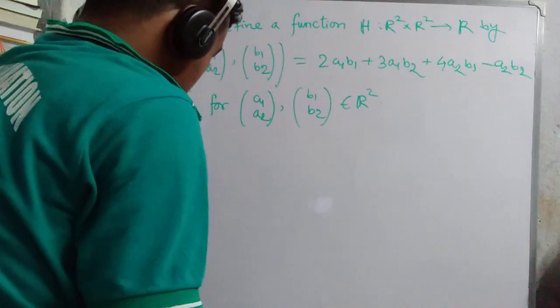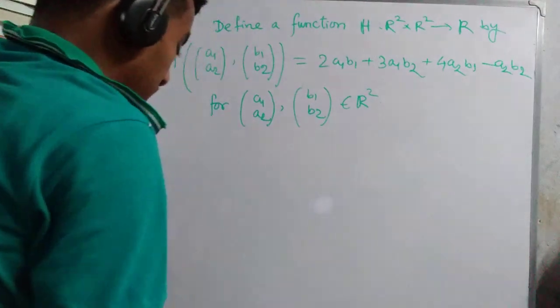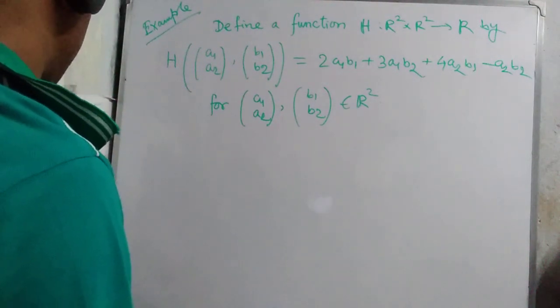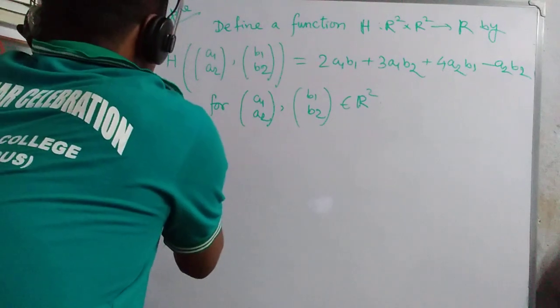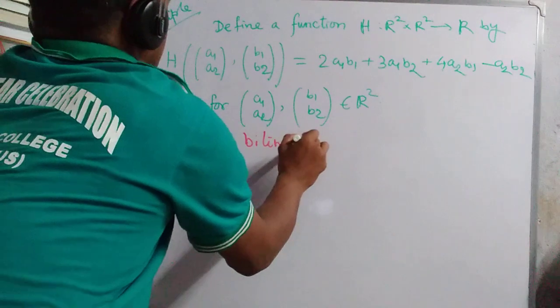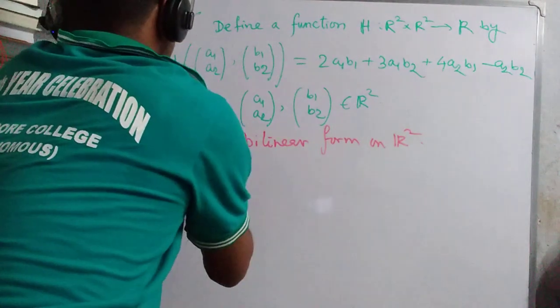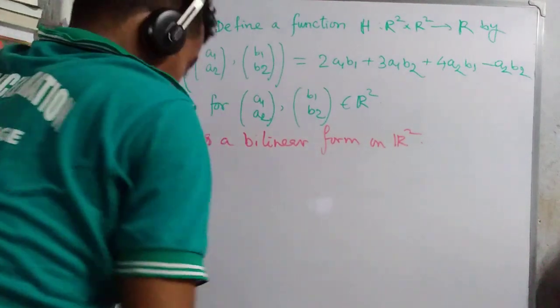Now we can directly verify that h is a bilinear form on R square. This one is easy, not a problem at all.